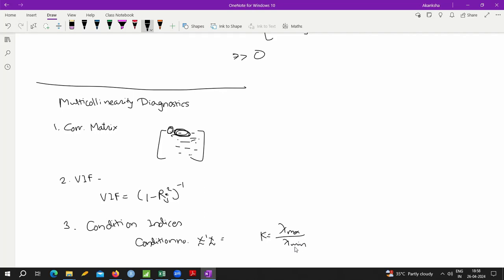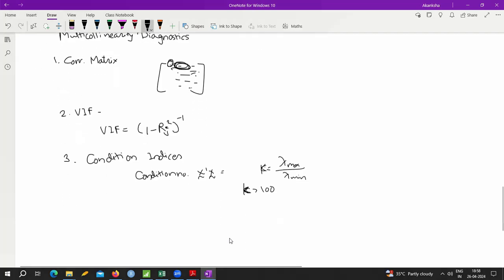It is denoted by kappa. If kappa is greater than 100, then we say that there is serious multicollinearity. If kappa is between 100 and 1000, then moderate to strong multicollinearity, and if kappa exceeds 1000, then we will say there is severe multicollinearity.